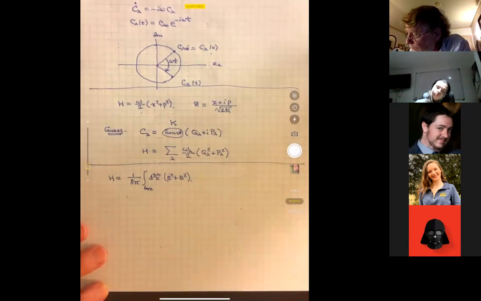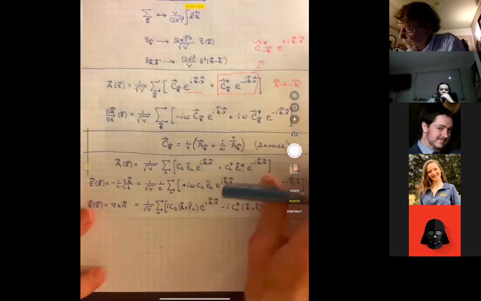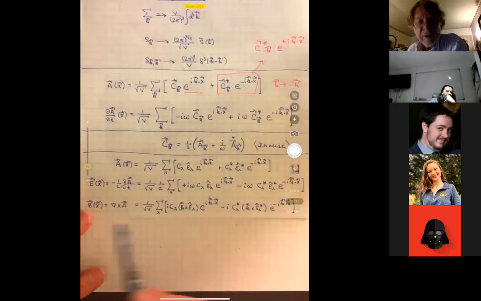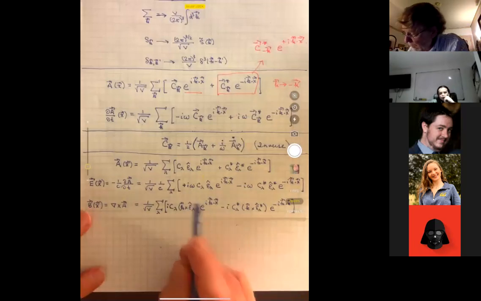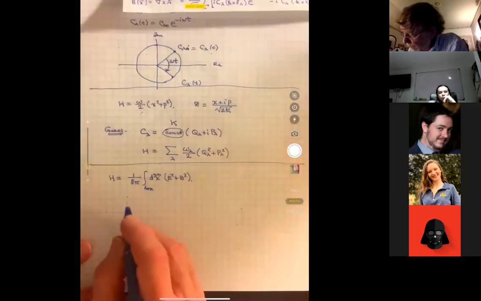Well, the way to find out is to take these Fourier series for E and B, which I wrote out previously. Here they are, written out in some detail in terms of the mode amplitudes C lambda, and to substitute in here, do the integrals, and work this out.